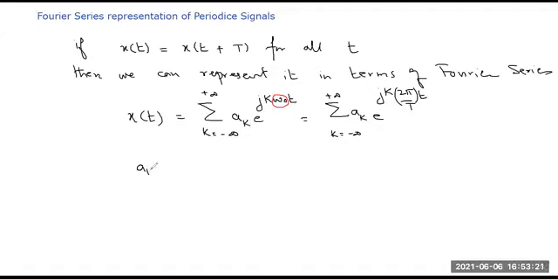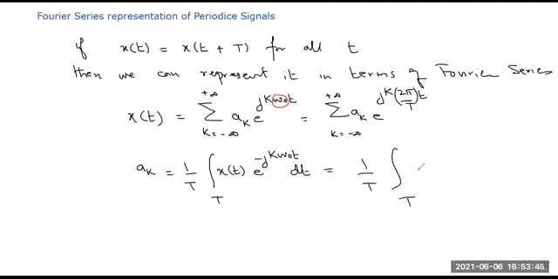And the other equation is the equation for Fourier series coefficients, a sub k, which is equal to 1 over T, then integration over an interval equal to the time period of the signal, x of t times e to the power minus jk omega naught t. Or in a similar manner, I can also write this equation in terms of period, that is e to the power minus jk 2 pi divided by capital T into t.